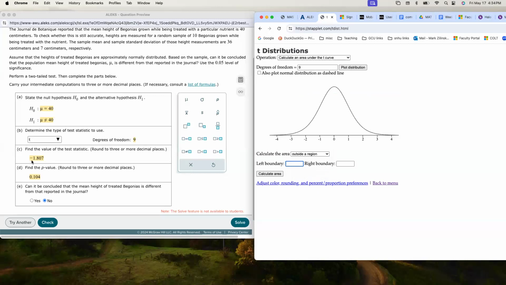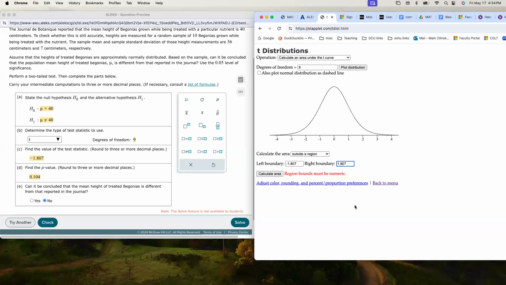That is the actual value of the test statistic, 1.807. And what we're going to get is this p-value of 0.104 here when we're done. But remember, this is a symmetric distribution. And since it's a two-sided test, we also have to find the area not only to the left of 1.807, forgot my decimal point here, but we also have to find the area to the right of 1.807.